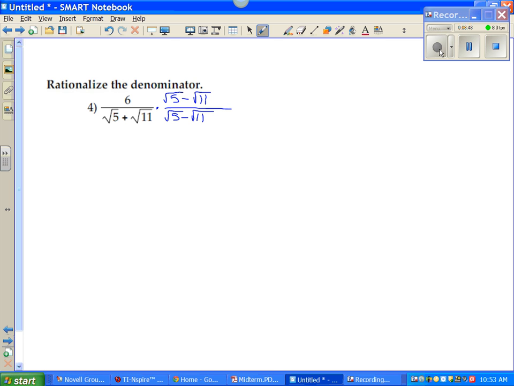Good, we need to distribute the 6 through. 6 radical 5 minus 6 radical 11. Okay, now what? What do we do in the denominator? Do we have to do the whole thing out? No, why? What happens? Good, so just first and last.